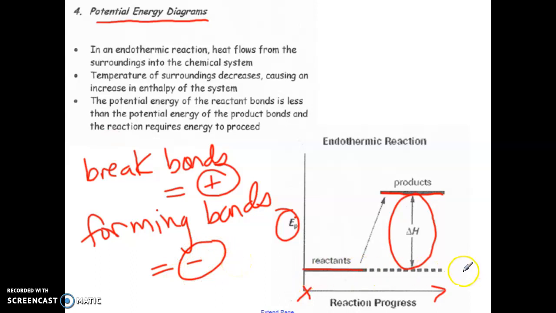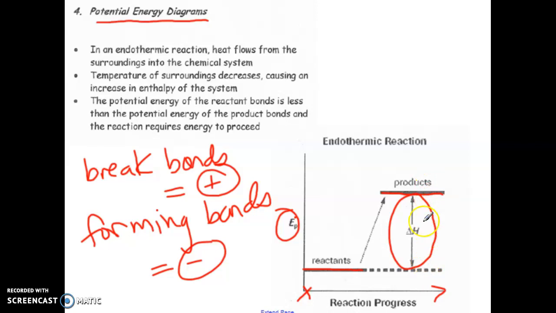So in this reaction, it's the difference between all of the energy needed to break the bonds or forces and all of the energy released when new bonds or new forces are created. We looked at this, I believe in the second lesson, perhaps the first one. Anyways, we've already talked about this concept before.